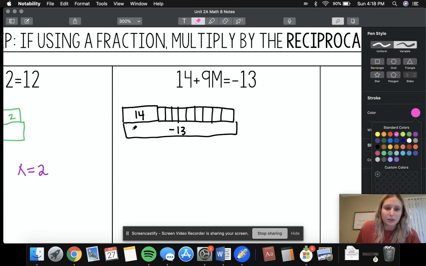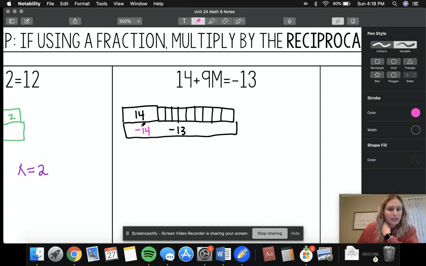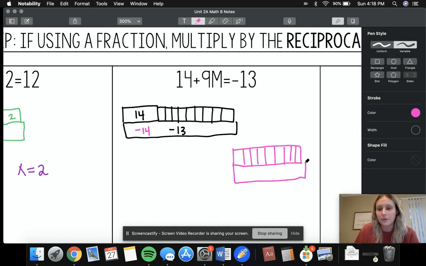So what I'm going to do is put a negative 14 with this. So that means that my 9m's have to equal, putting these together, negative 27.